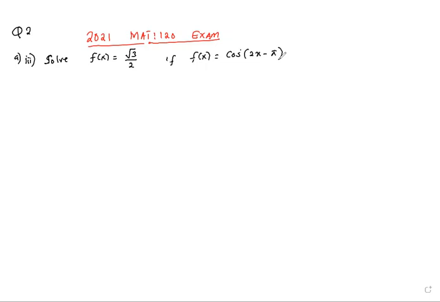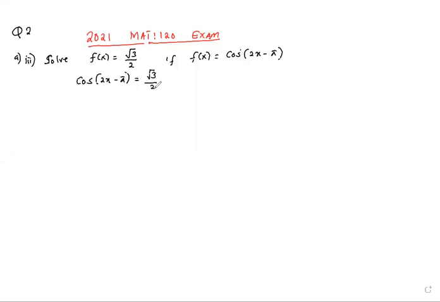Okay, so we have f of x is equal to root 3 over 2, where f is given as cos(2x minus pi). So we equate: cos(2x minus pi) is equal to root 3 over 2.